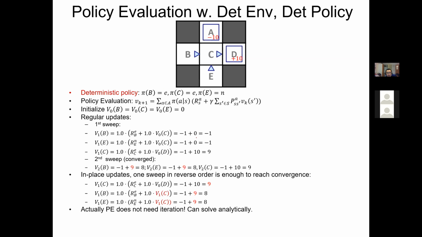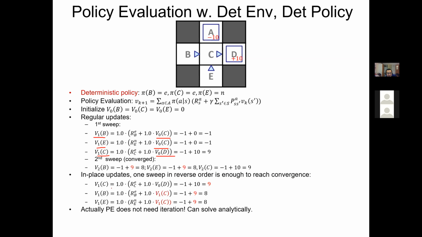Yeah, I forgot to mention that for the updates of the values, you can do regular updates where you always base your evaluation of the equations on the previous iteration's values. So V1 of B is based on V0 of C, V1 of E is based on V0 of C, and so on. And you need 2 sweeps to converge. But you can do in-place updates, where you do 1 sweep in reverse order.